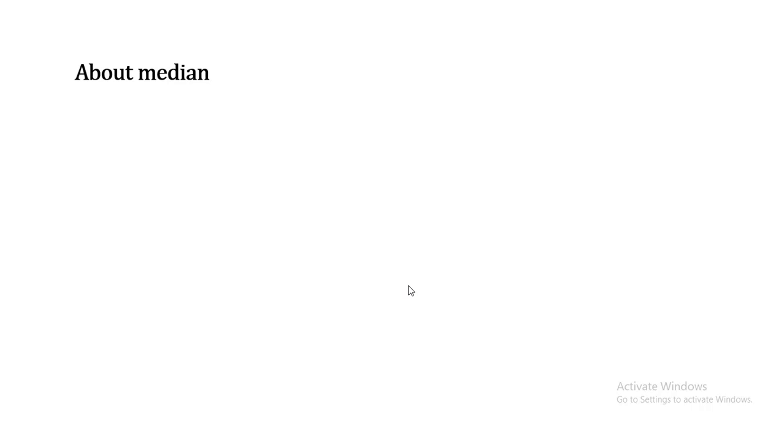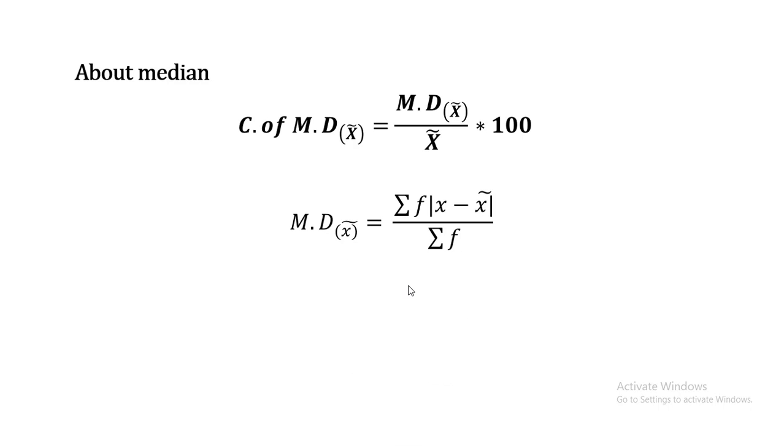Alright, so about median. Coefficient of mean deviation about median is equal to mean deviation about median divided by median, multiplied by 100. The formula for finding mean deviation about median is summation f absolute x minus x median, divided by sum of f.